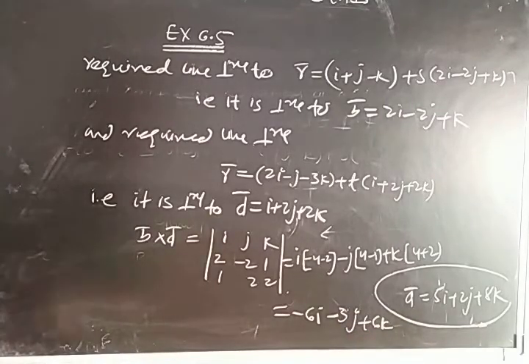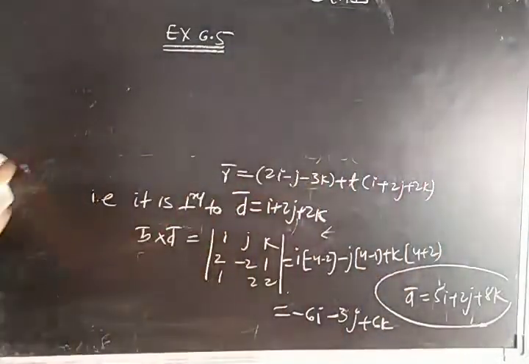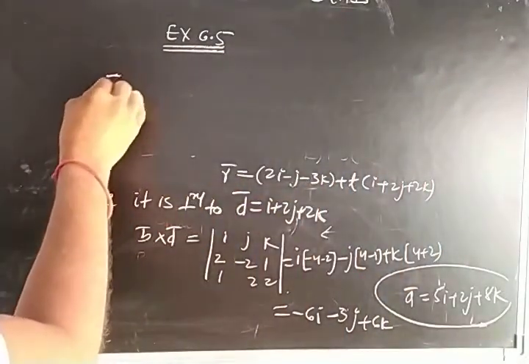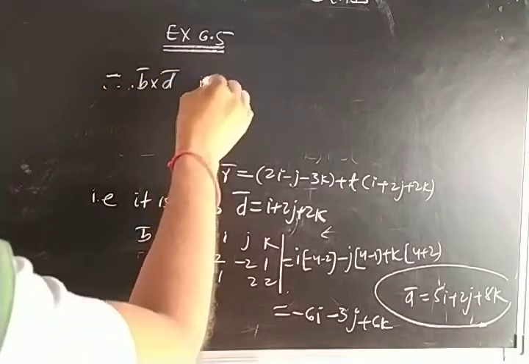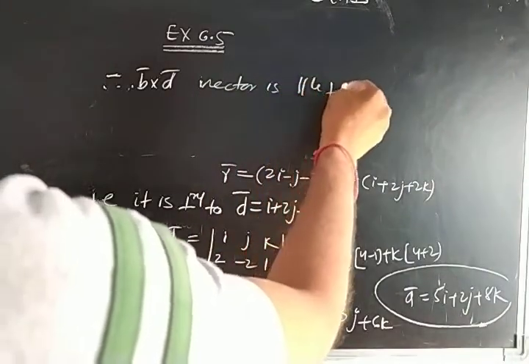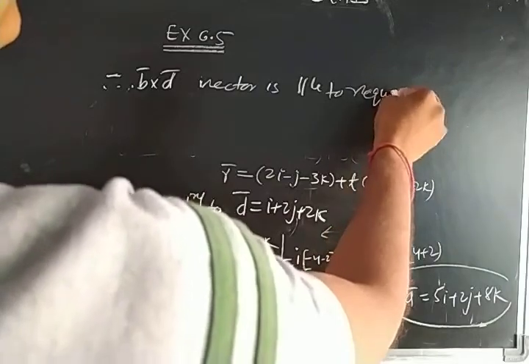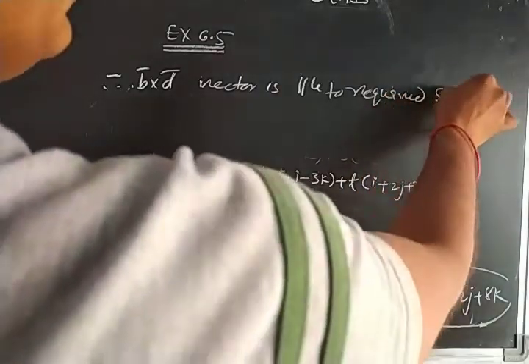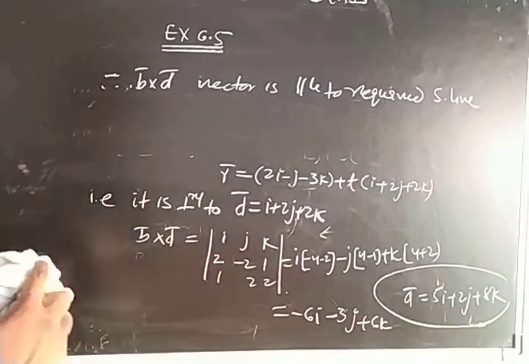We know that B cross D bar is parallel to the required vector. Therefore B cross D bar vector is parallel to the required straight line. Now we have a parallel vector to the required straight line and we have one point on the straight line. Now we can write the parametric form of the straight line.